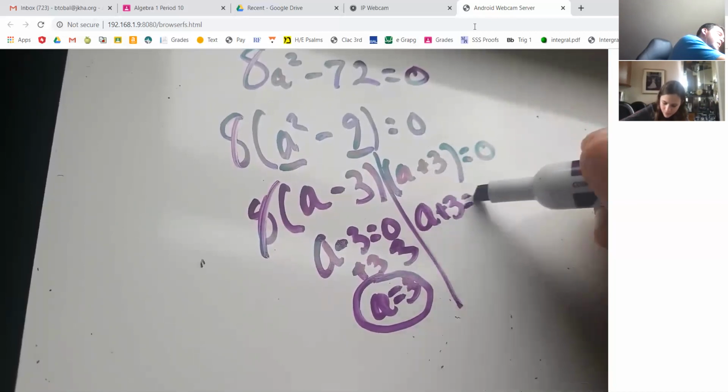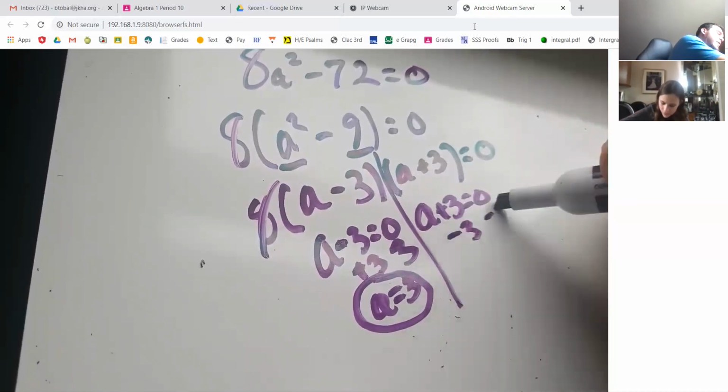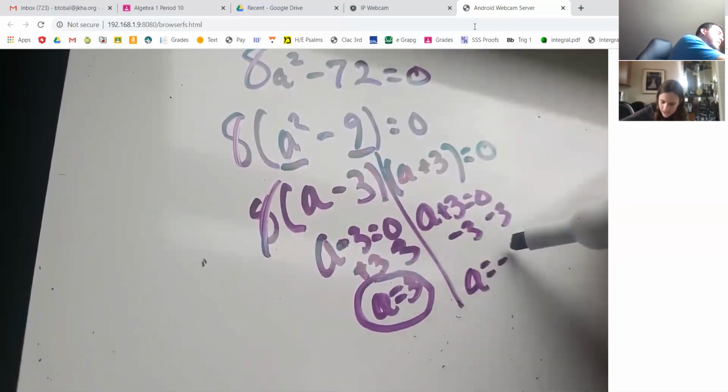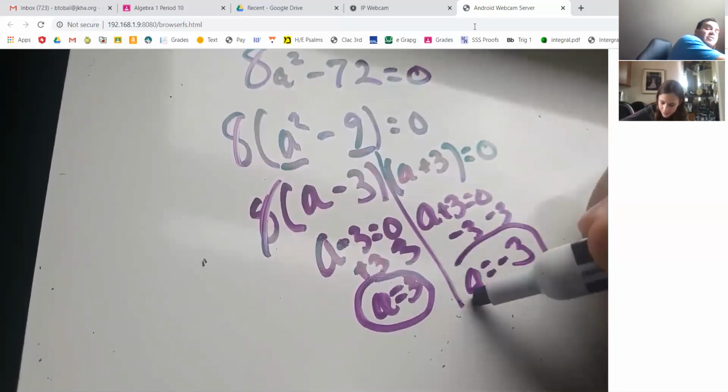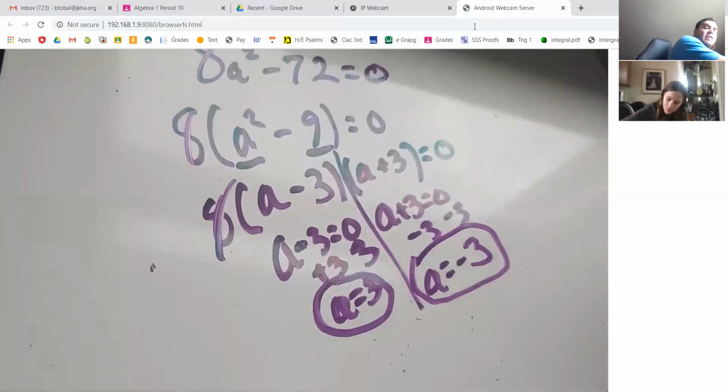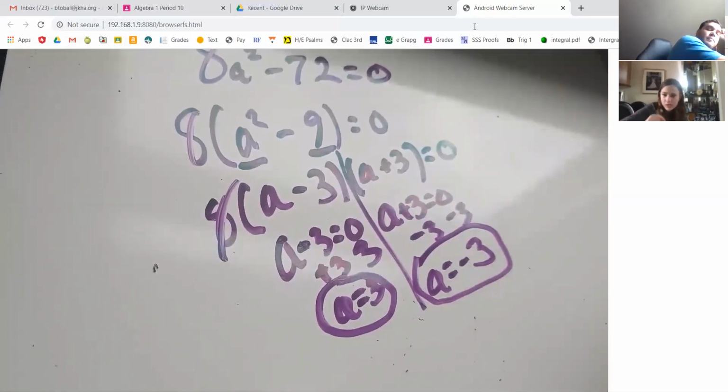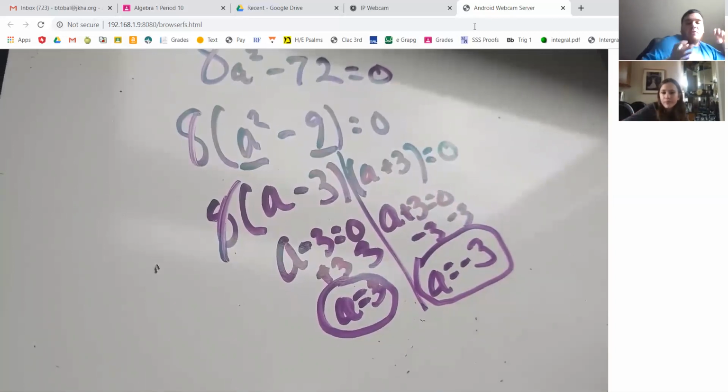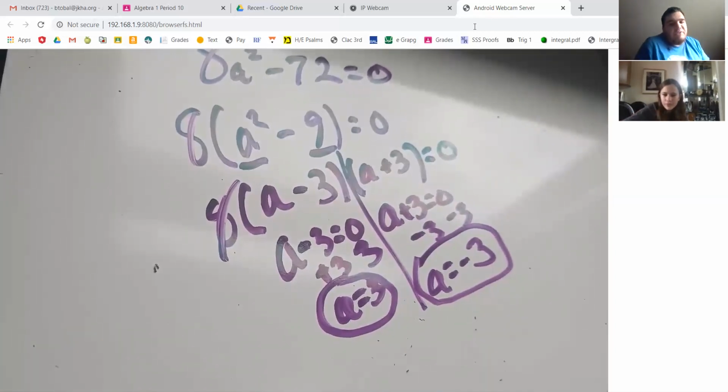So a plus 3 equals 0, minus 3 minus 3. So this one is a equals negative 3. Good. So your two answers happen to be both positive and negative 3. Yeah. So you have to do one for each of the parentheses. But when it's squared, it's only one set of parentheses, so you only have to do it once. Okay, I think I got it. Thank you. Hey, no problem.